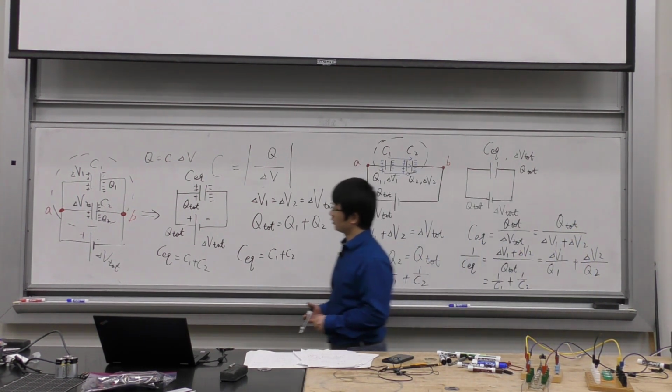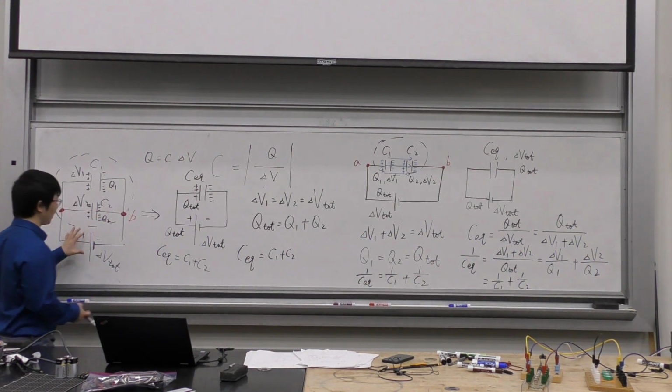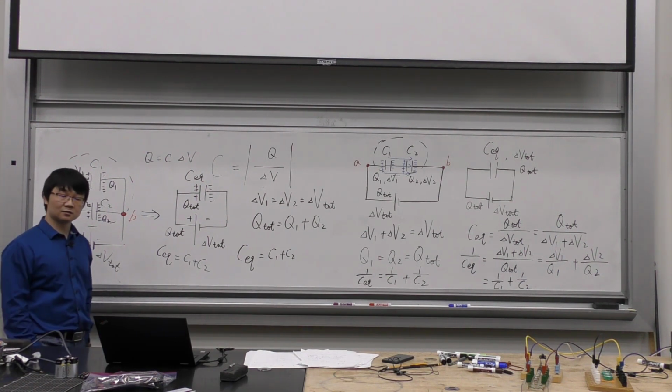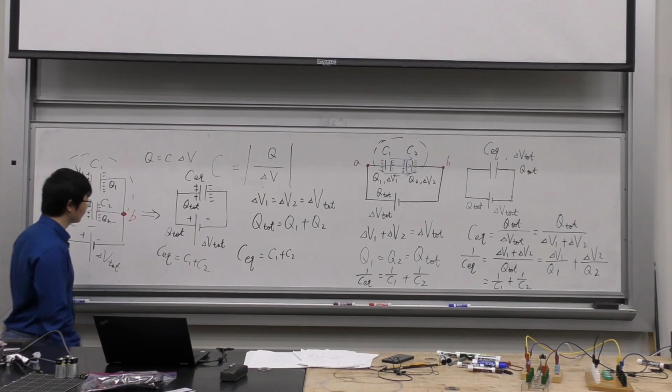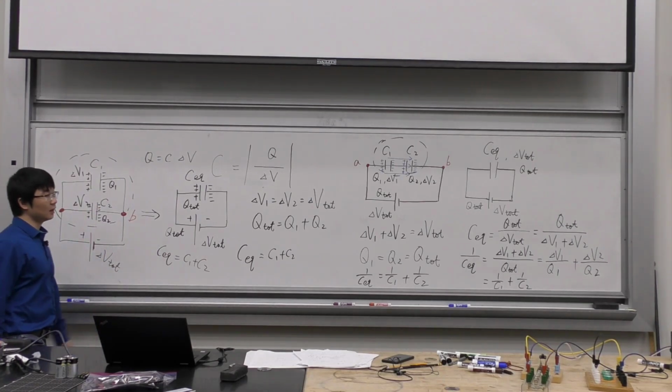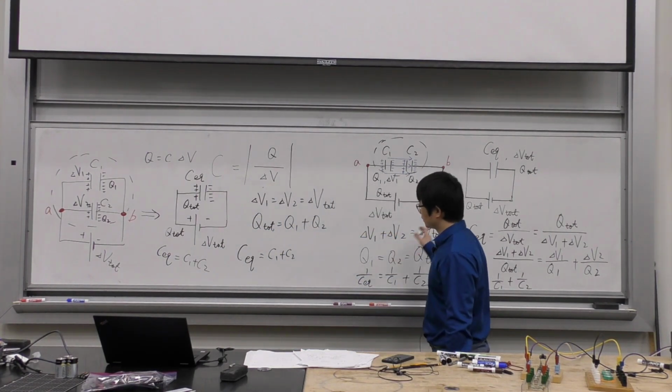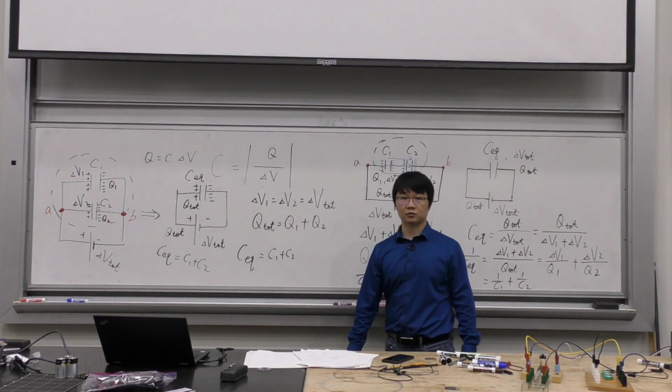So think about it, right? If they're connected in parallel, obviously the voltage is going to be the same, right? By looking at this diagram, it's intuitive to me. So if the voltage is the same, the charges add. So that's how I remember that, okay? The charges add. And then once you remember this, just remember series is pretty much like this backwards.